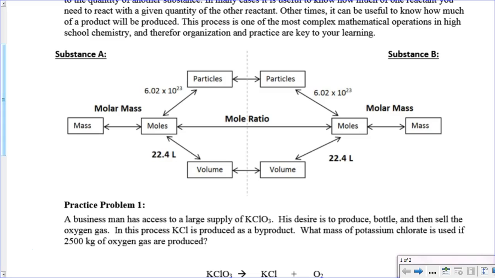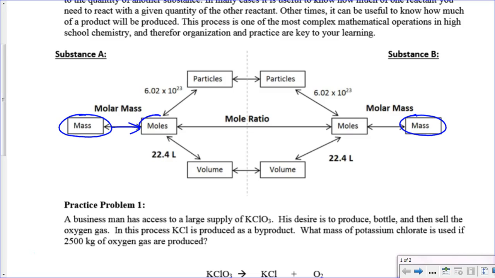All of the problems on this sheet fall in the line of what's called a gram-to-gram problem, or a mass-to-mass problem, where we start with the mass of one substance, and we're trying to get to the mass of a different substance by the end. So we have to convert from mass of the first substance to moles of that substance.